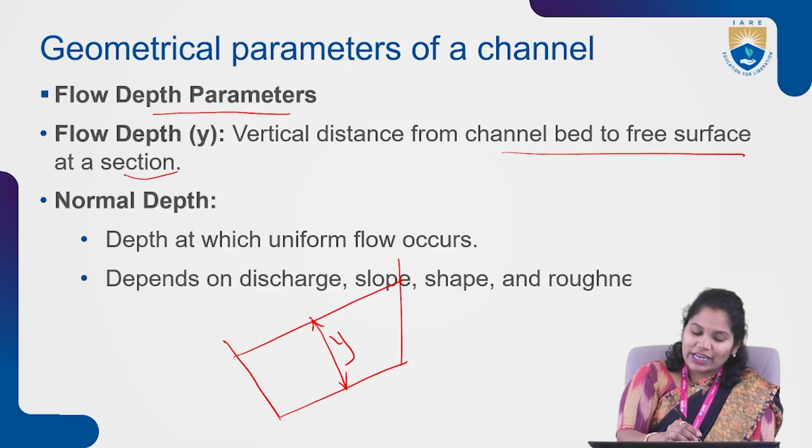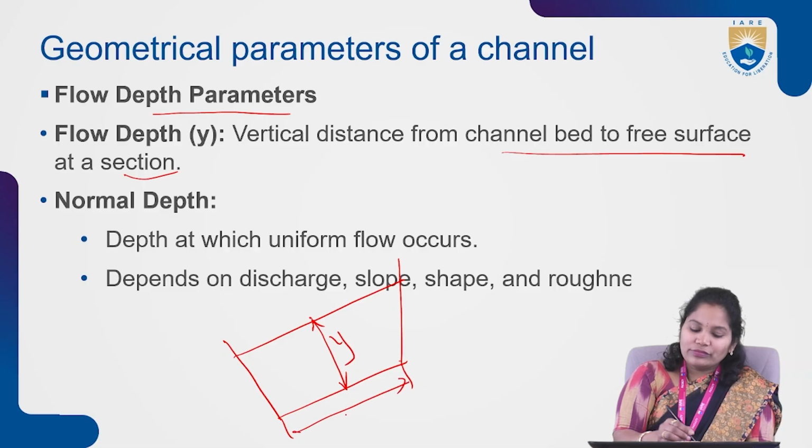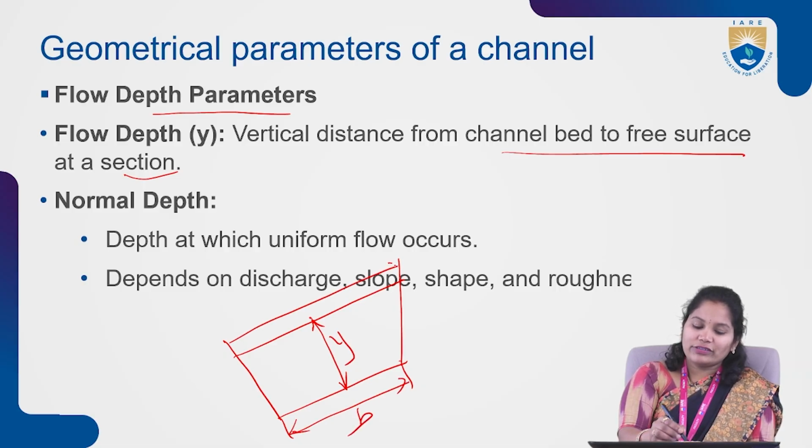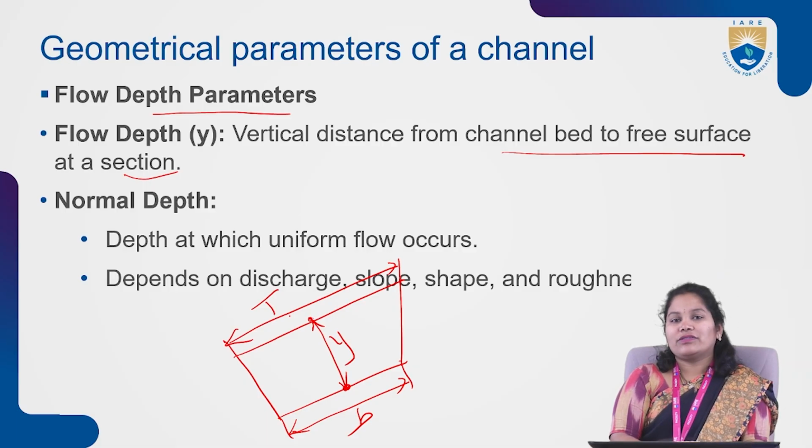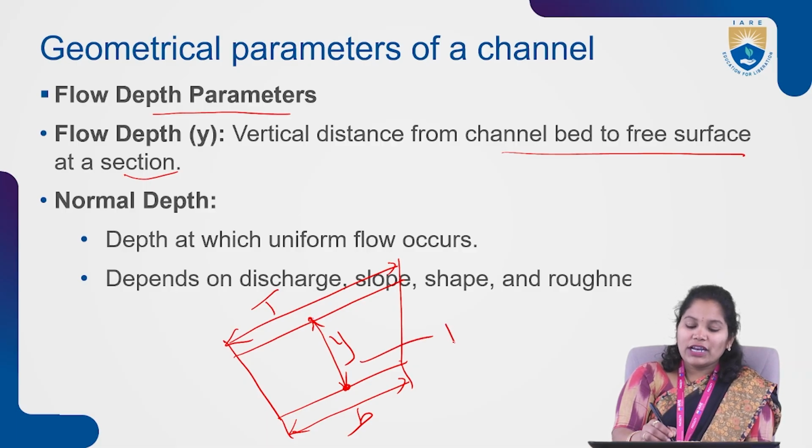This is your channel bed, with bottom width B, and the top width T of the flow. The vertical distance between the bed and the free surface is nothing but your depth of flow.